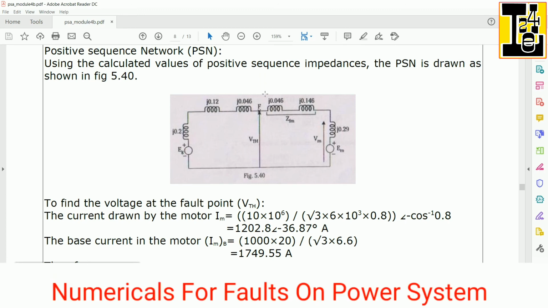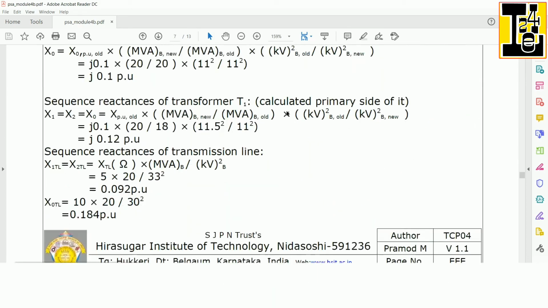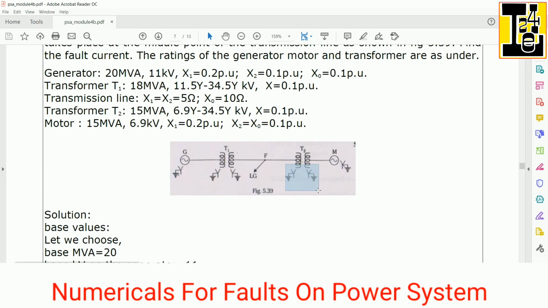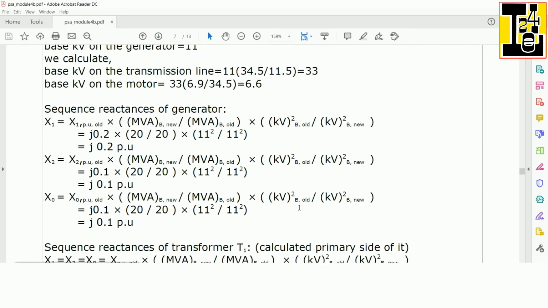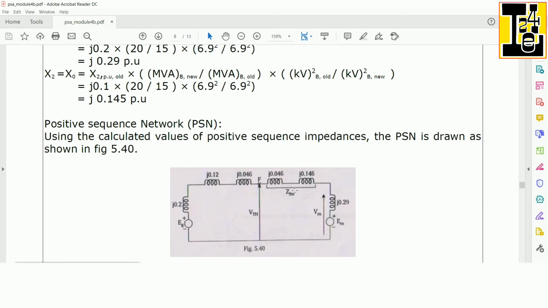If you observe the T2 transformer, there also the primary as well as secondary windings got the star solid grounded connection, so that the series primary and series secondary switches are closed.